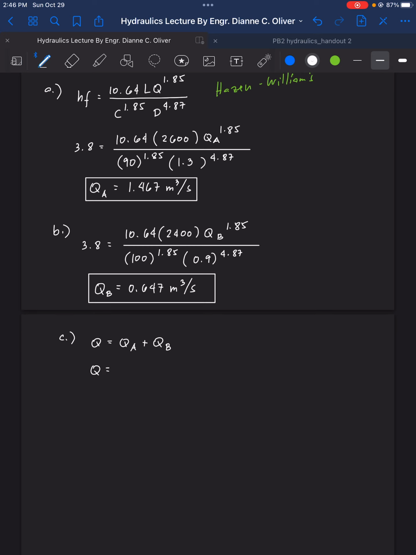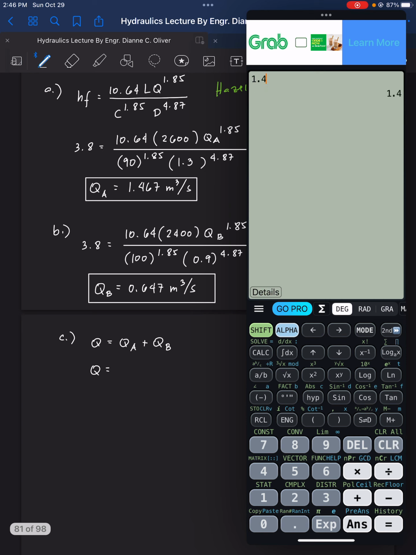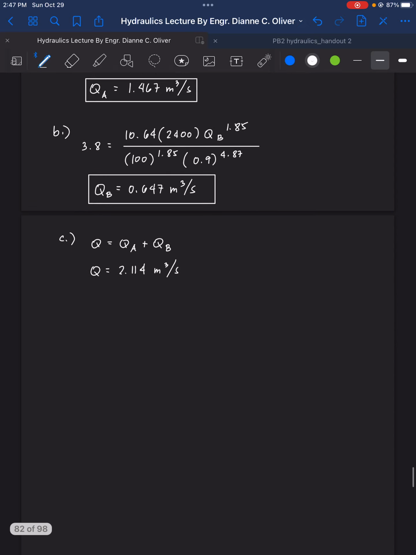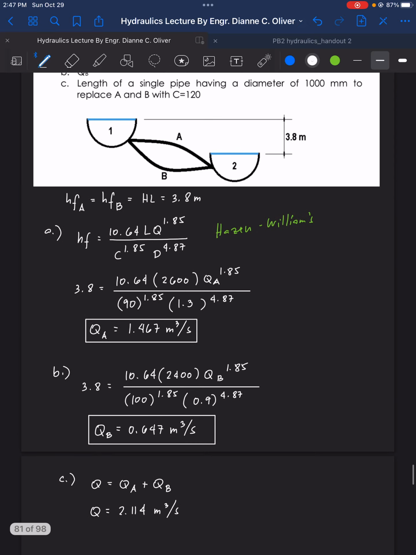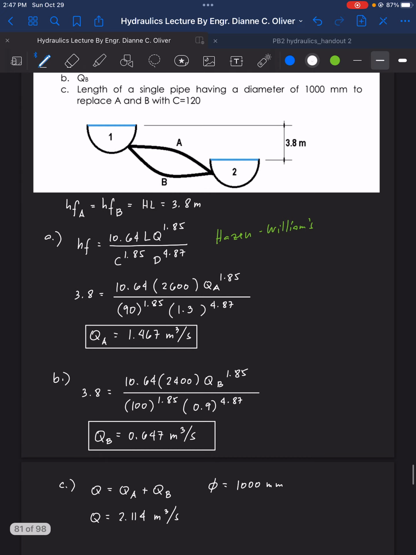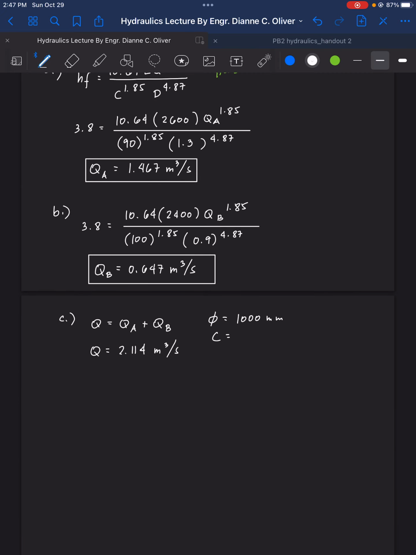So total flow is equal to 1.467 plus 0.647, that is 2.114 cubic meter per second. So it will carry this flow for that single pipeline with the diameter of 1000 mm and C equal to 120.